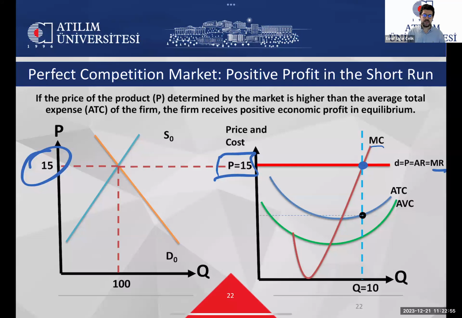Then we find the intersection point of the direct line and average total cost, which shows the average total cost level. Then find the intersection point of the direct line and average variable cost, which shows the average variable cost value. Then you are going to calculate with all the formulas. So you should know the formulas. I'm not going to give them in the question.